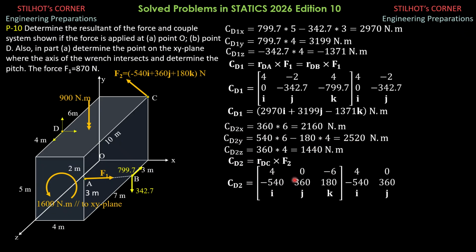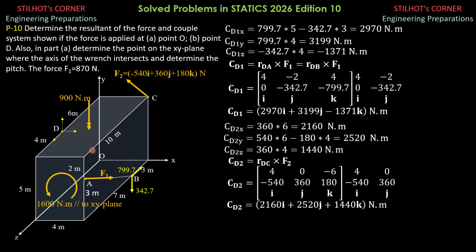Then for K, 4 times 360 minus 0, 4 times 360, which is that. So obviously, C sub D2 is 2160I plus 2520J plus 1440K Newton meter.